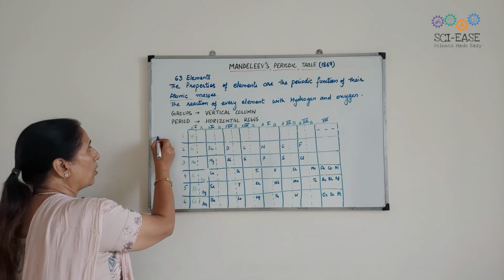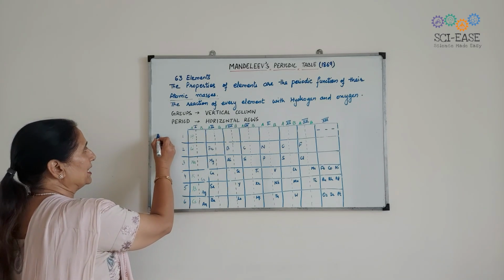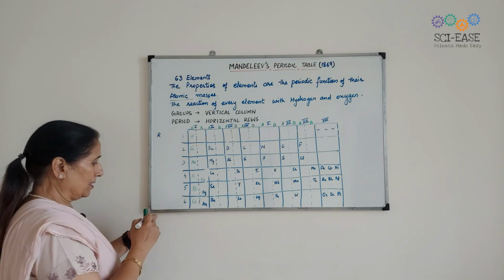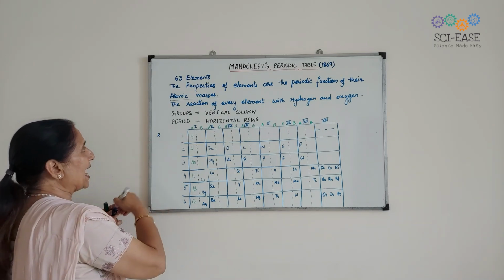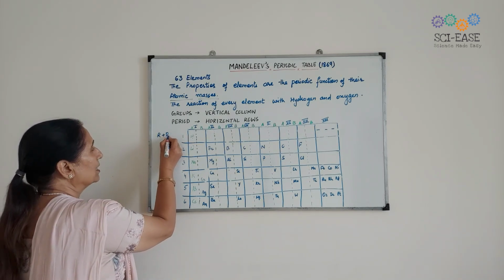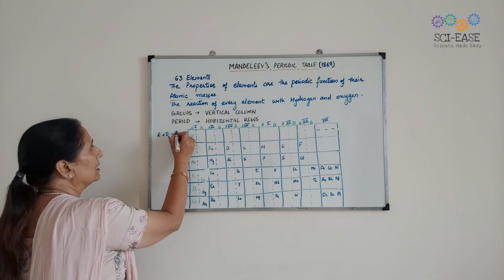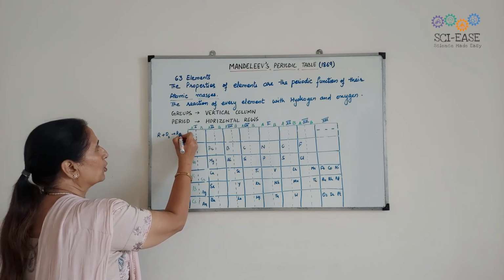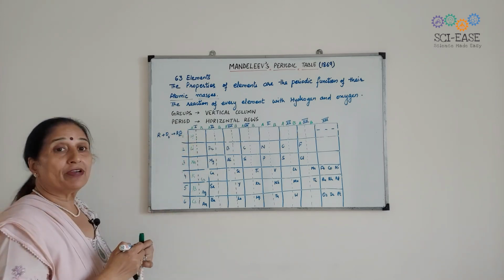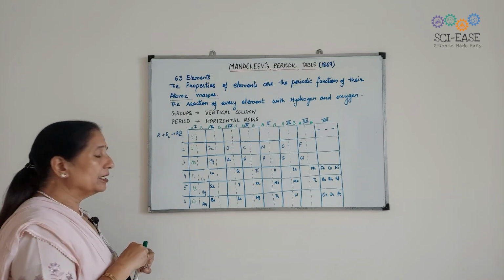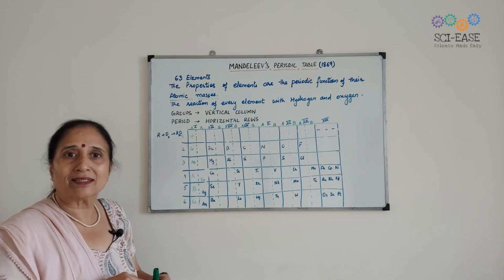When any metal reacts with oxygen, what will be the result? This will result in the formation of R2O, where R may be lithium, sodium, potassium, rubidium, cesium.